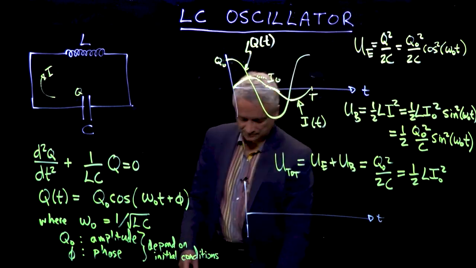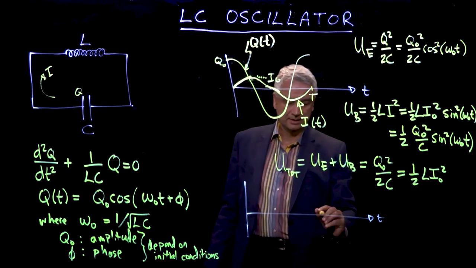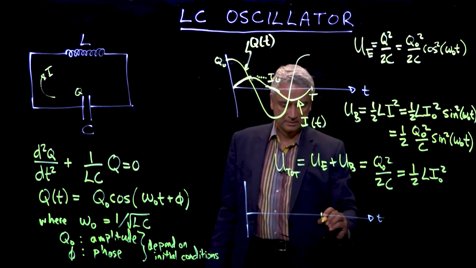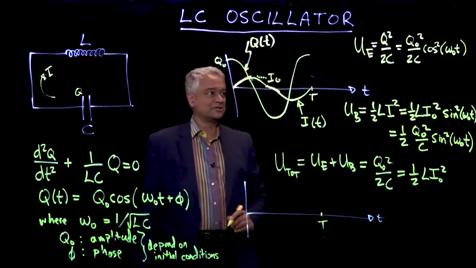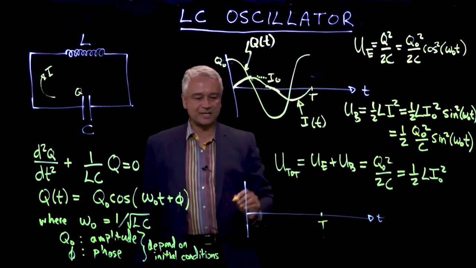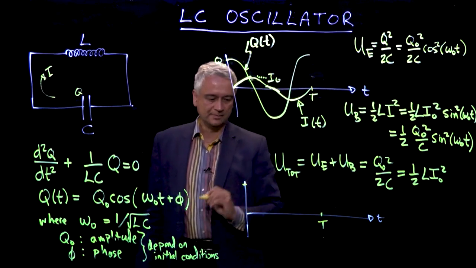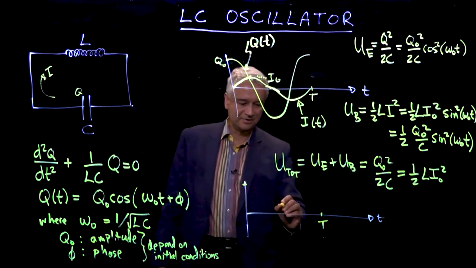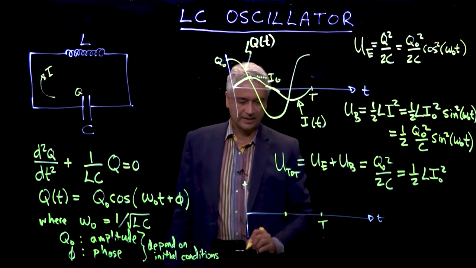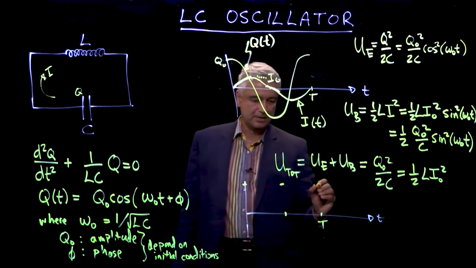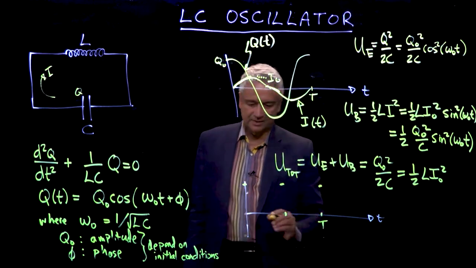so here's t. The electric energy starts out at its maximal value here, and after half a period, it's back to its maximal value, and here it's back to its maximal value again.